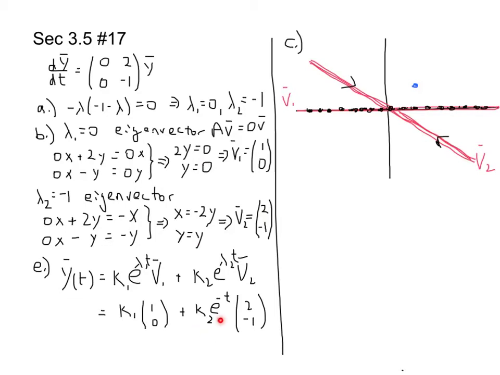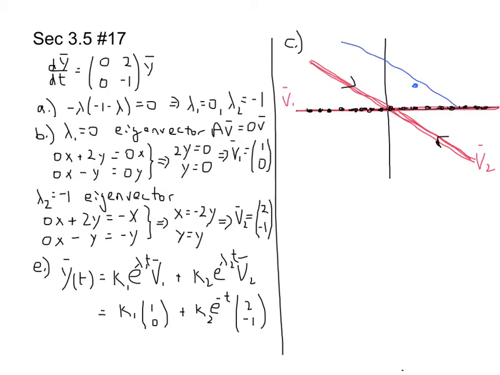The statement says that we are simply moving in the direction 2, minus 1, but as time evolves, this term is getting smaller, and if k2 was a 1 and k1 was a 0, we would be on this line moving forward. What if we're not on that line directly? We will always be moving in a direction parallel to the v2 direction.